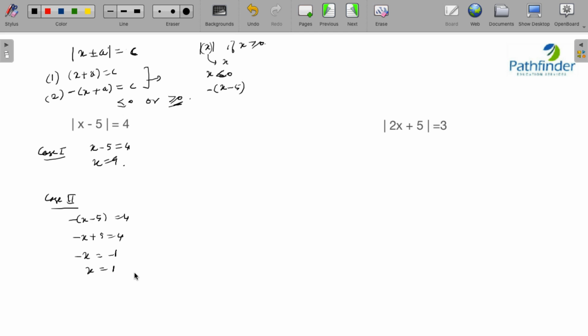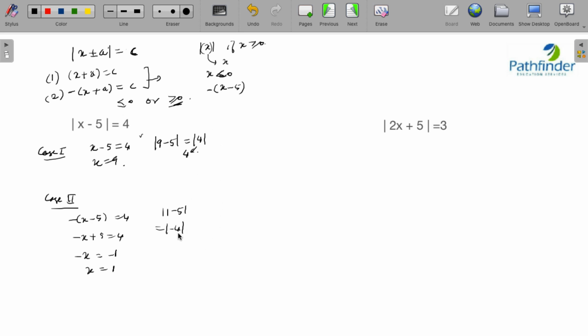It's always a good habit to substitute and find whether the answer is correct or not. Let us put x is equal to 9 in this. So what do you get? Mod of 9 minus 5 on the left hand side, which is equal to mod of 4. Now since 4 is a positive quantity, mod of 4 is 4. Similarly, if I put x is equal to 1, I'll get mod of 1 minus 5 on the left hand side, which is equal to mod of minus 4.